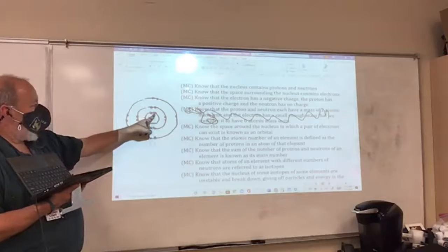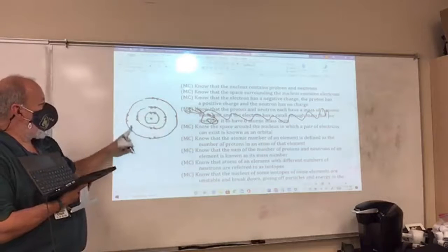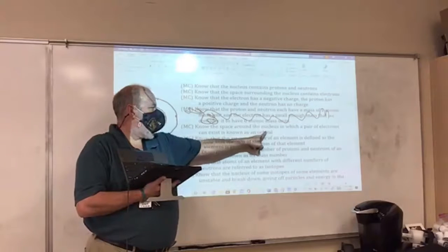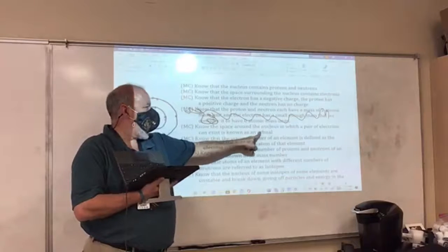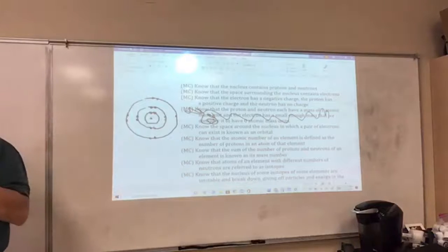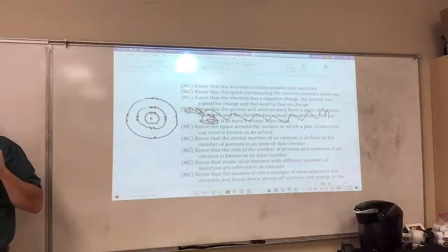Right, so an orbital, because I draw my diagrams this way with 2 electrons, the space that we call that is an orbital, and it has 2 electrons. About half of you will tell me that an orbital can have 8 electrons in it.